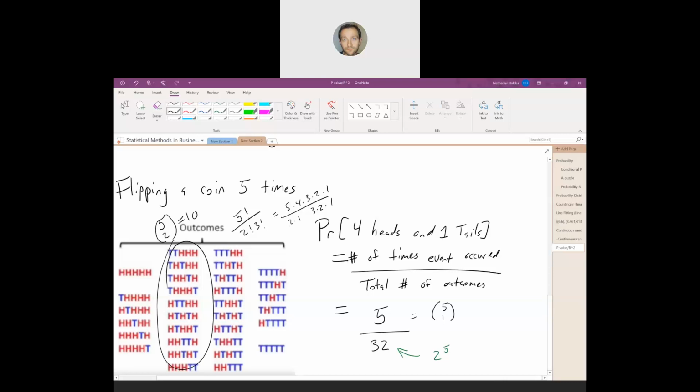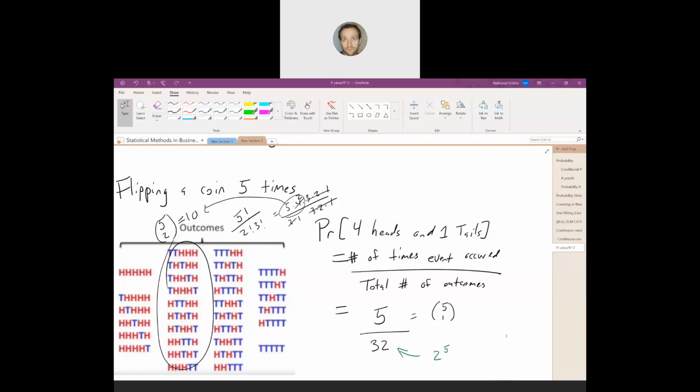These cancel out. This 2 cancels with that. You get 2. And so 5 times 2 equal to 10. Great, excellent. Thank you very much, Jelani. Okay, so that's the probability of getting 4 heads and 1 tail.